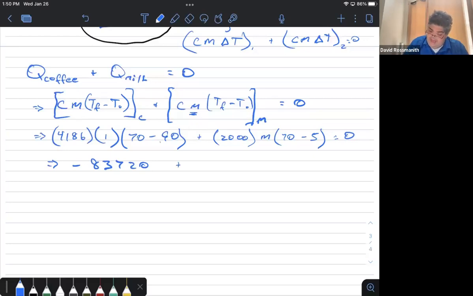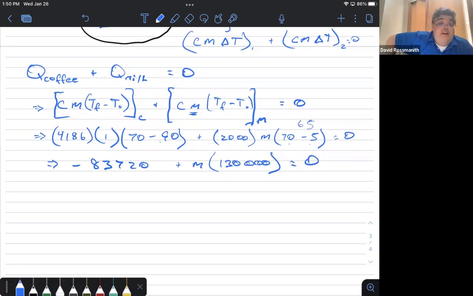Well, let me leave the M alone. Obviously, I can't do anything with it. The other numbers, though, 70 minus 5 is just 65, right? So I have 2,000 times 65 gives me 130,000. And that's equal to 0.